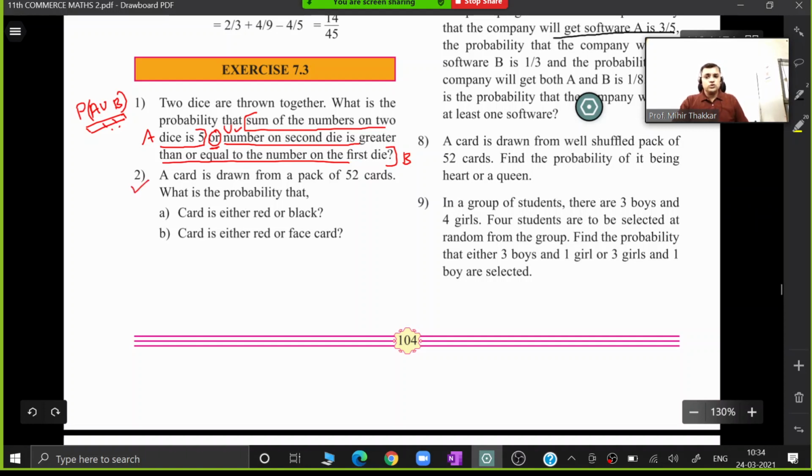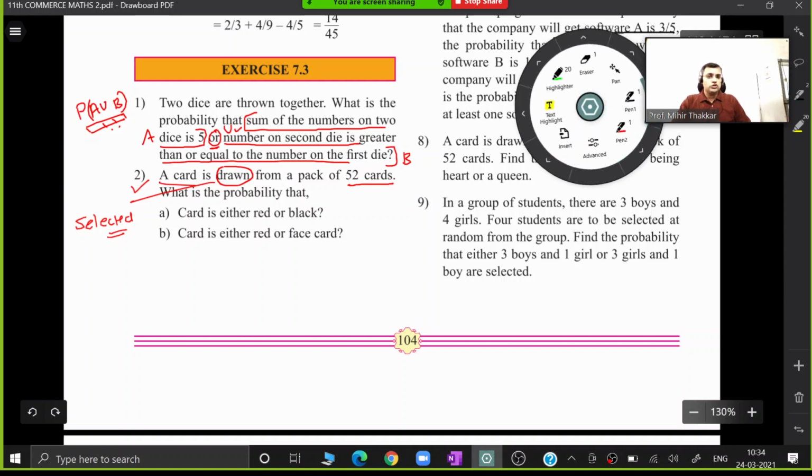In sum number 2, it says that a card is drawn from a pack of 52 cards. A card is drawn, it means that a card is being selected. We have discussed this in the previous lectures also.